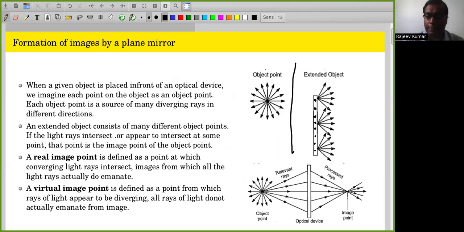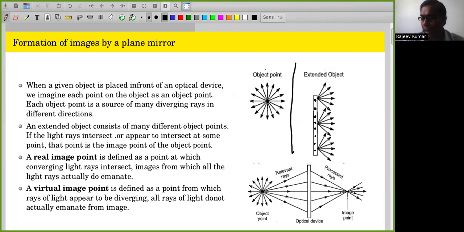Based on that, the images are also formed based on the optical device placed near the object. So if the optical device is placed as shown here in the diagram, the image is formed if the object placed here is real. So rays get emanated from the object and it is getting processed.